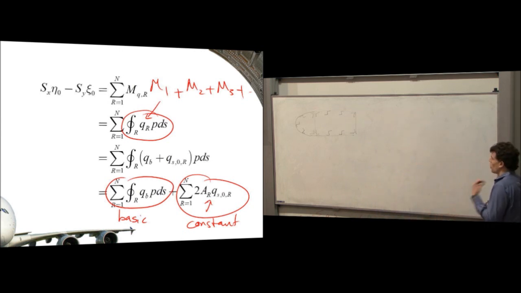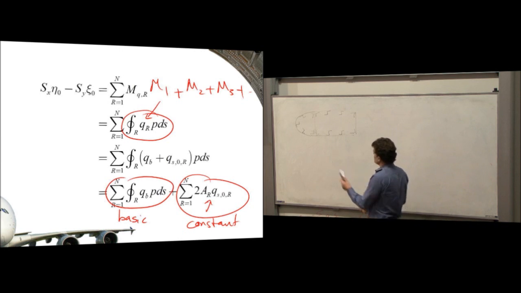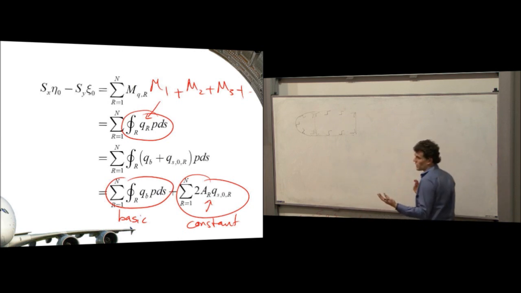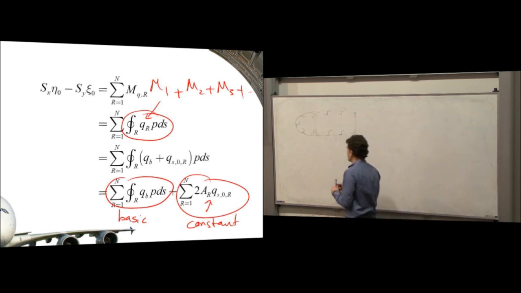Although it would be computationally tricky, you could solve this problem. If someone said, I'm going to use this as my wing and I know my lift from my aircraft.